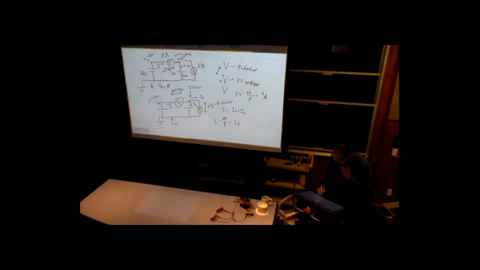So now I can calculate I2, and I2 will be equal to 12 over 6, 2 amps. I3 is supposed to be equal to 3 minus 2, 1 amp.